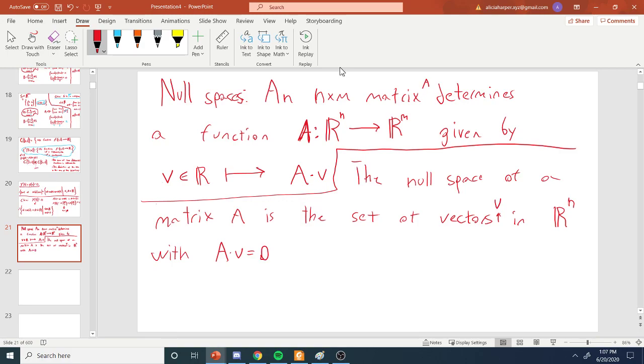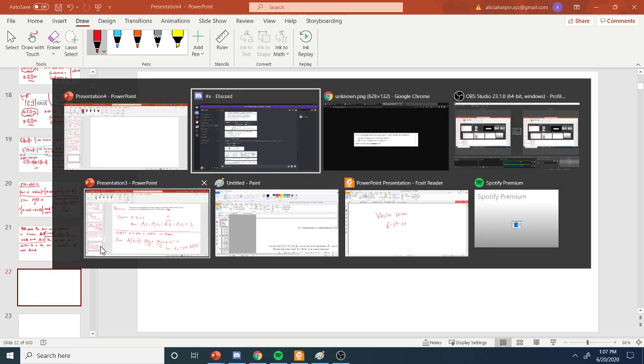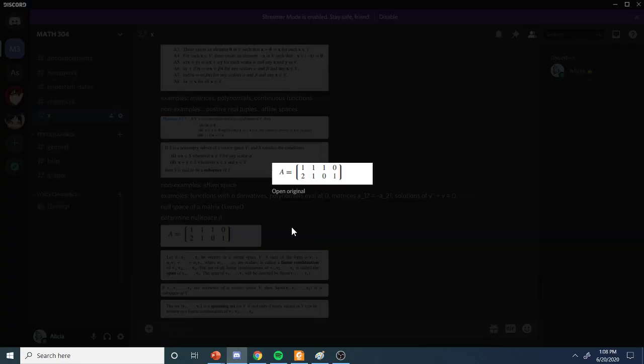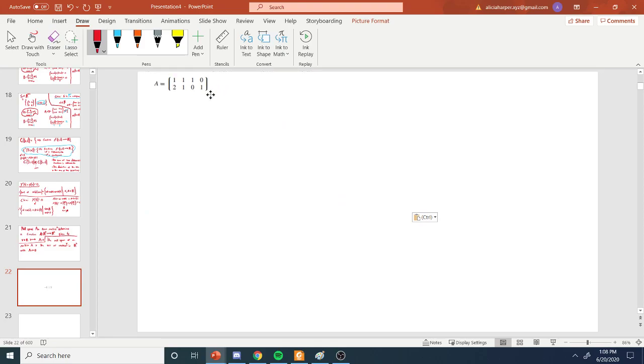So let's do some examples. I'm going to consider the following matrix. So A is going to be this matrix, and we can think of it as a function from R4 to R2, because it's a 2x4 matrix. Now, we want to figure out what vectors go to 0.